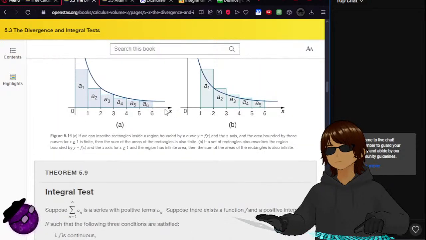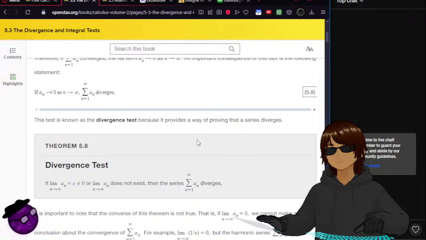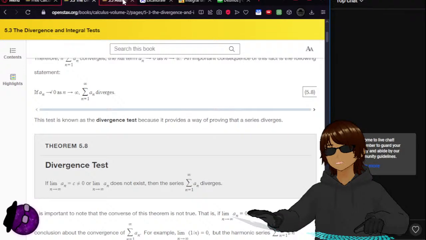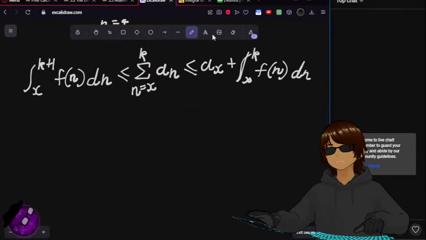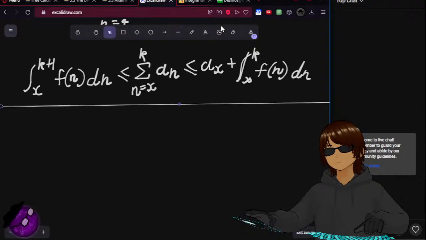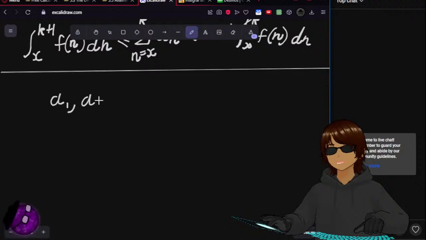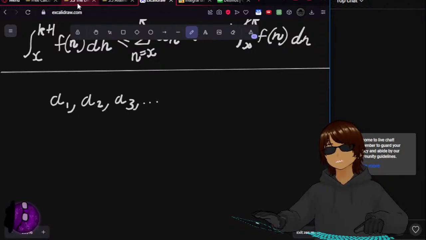What else was there? Oh yeah, the divergent test is basically: if the sequence A1, A2, A3 and so on is not converging, then the series will not converge either.